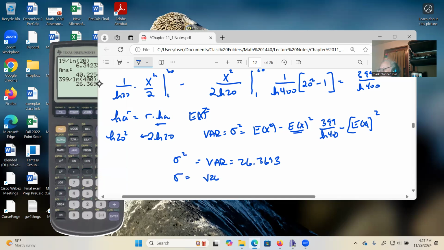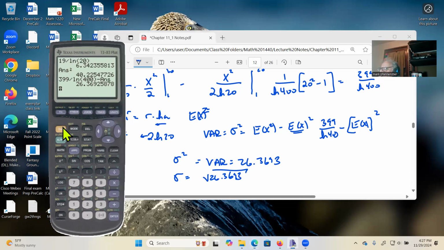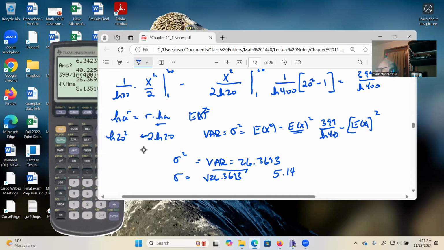So we're going to take the square root of 26.369, the last number I calculated. So that's going to be second function square root, second function answer. Okay, and we'll go ahead and say, boom, 5.135. So this was 5.14. That's my standard deviation.